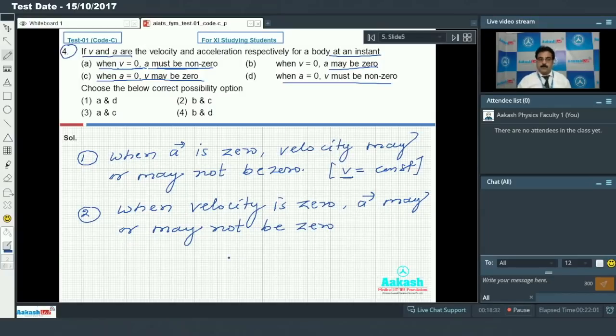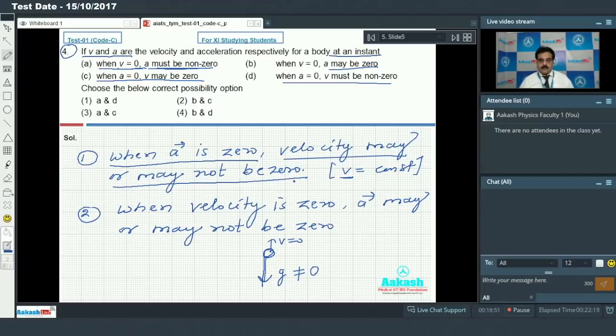Yes, in the case of motion under gravity, if I project a ball, then at the topmost point velocity will be 0, but acceleration due to gravity is non-zero. So finally, when acceleration is 0, then velocity may or may not be 0. And the second condition is when velocity is 0, then acceleration may or may not be 0.